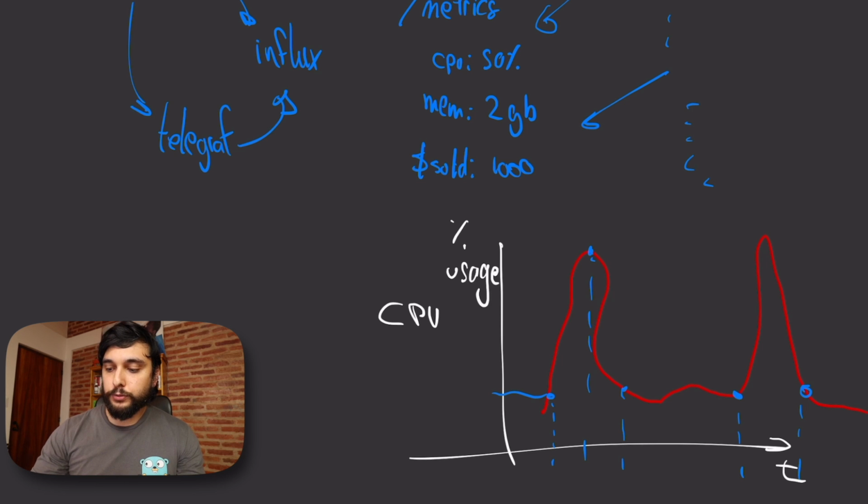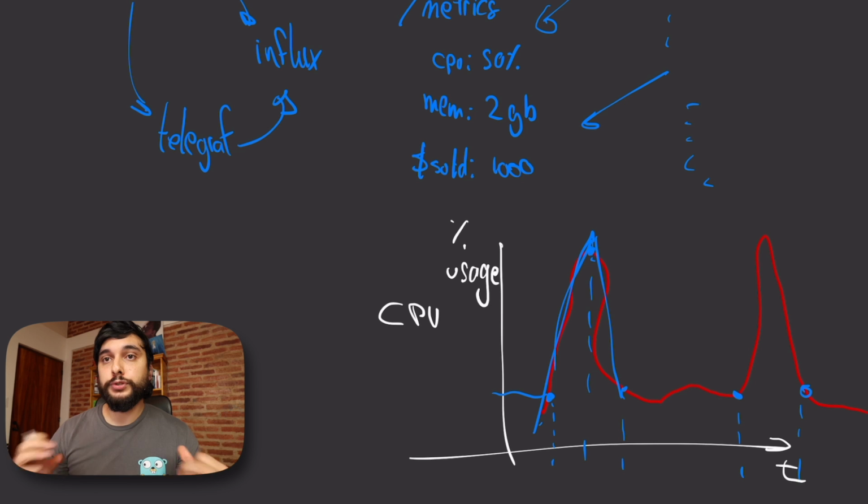And then Prometheus will extrapolate and say, well, I have this point and I have this point, so it will extrapolate this increase. PromQL, which is the query language for Prometheus, makes it very easy for you to tell Prometheus exactly how you want to fill in those blanks. But you can also miss this spike here if you capture this and you capture this. Of course, the faster you sample, the more precise the information gets. But I don't want to get into Shannon's theorem and things like that, but you don't want to sample too often, okay?